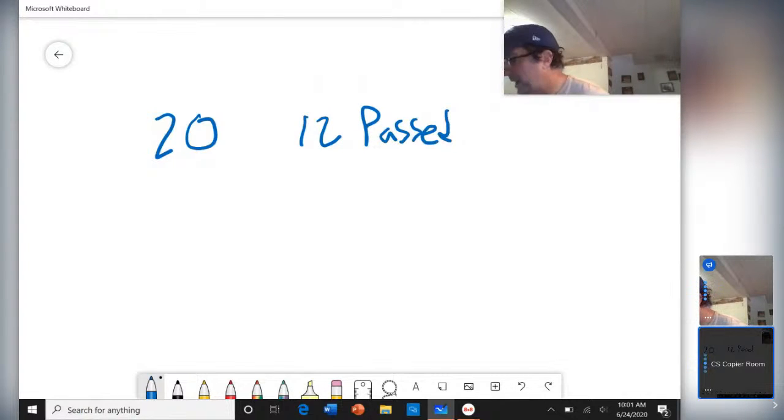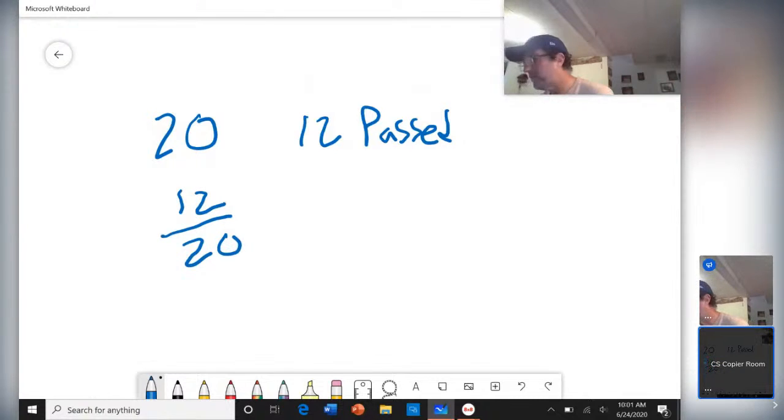So once again, we're going to put the 12 who passed over the 20. Once again, we're going to reduce this. So it's going to be 3 over 5.